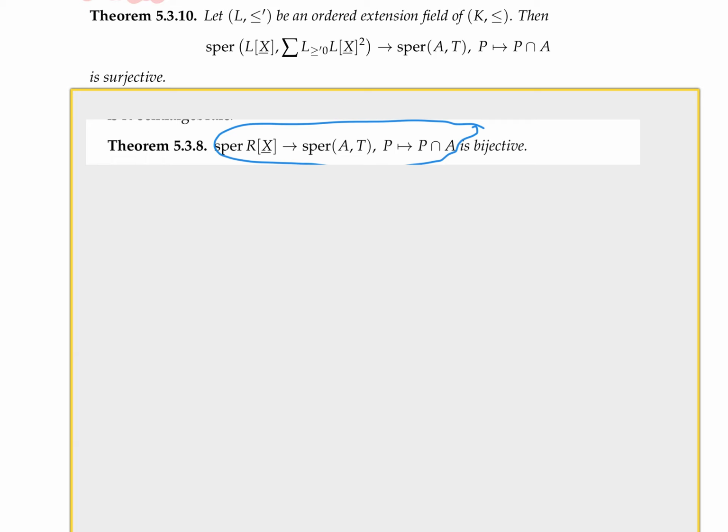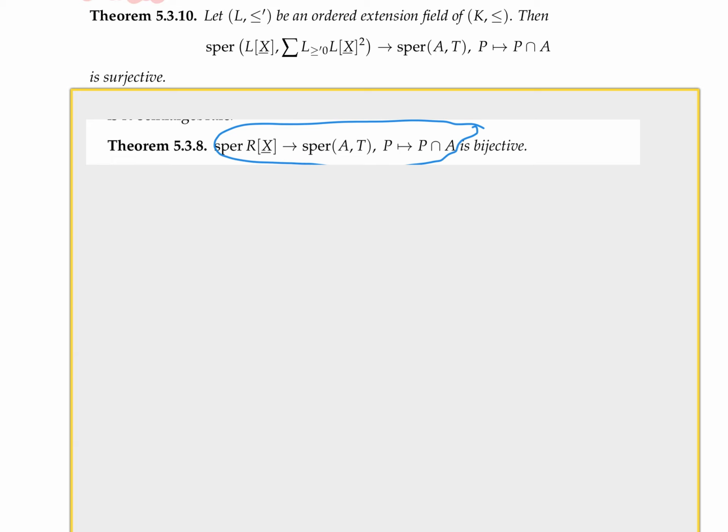So where R was the real closure of K less than or equal, that's now much more general. We have actually an arbitrary ordered extension field and not this very particular one. Note that L over K need not be algebraic, and L does not need to be real closed.